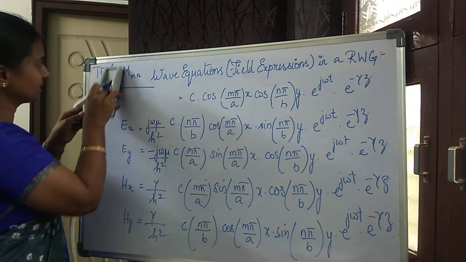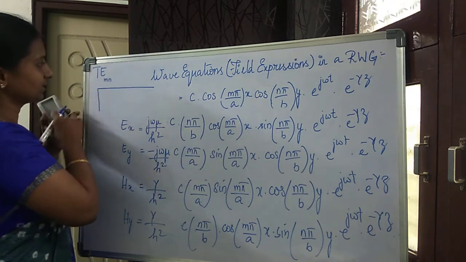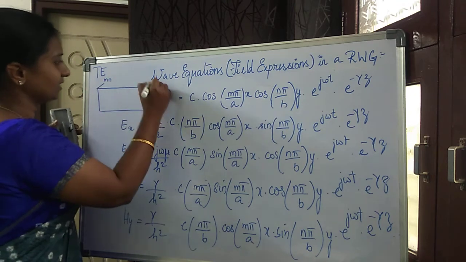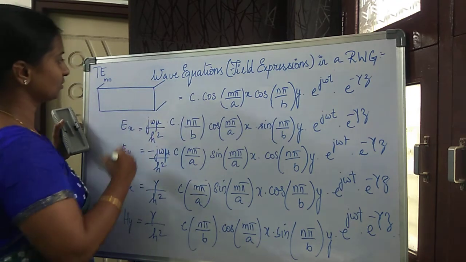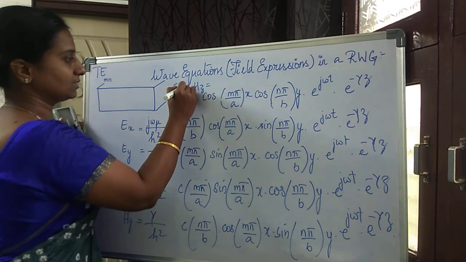So for example, if I am taking TE now, because I have the TE expression here, let us have TE. This is a rectangular waveguide. For TE, I know this is the Hz equation and Ez is 0.